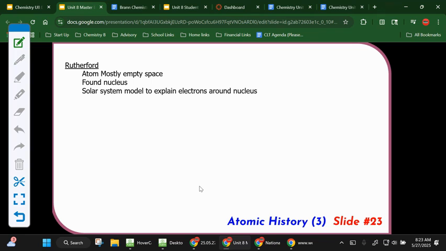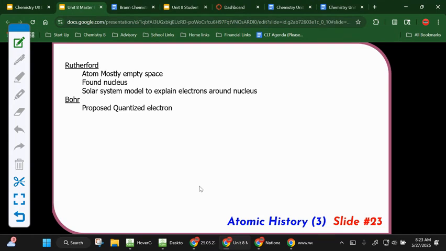This was taught in classrooms, ladies and gentlemen. They believed that electrons orbited the nucleus like planets orbited the sun. Okay? And as little as 100 years ago, when Mr. Arts first started teaching at East High, that is what they taught. Okay? All right.